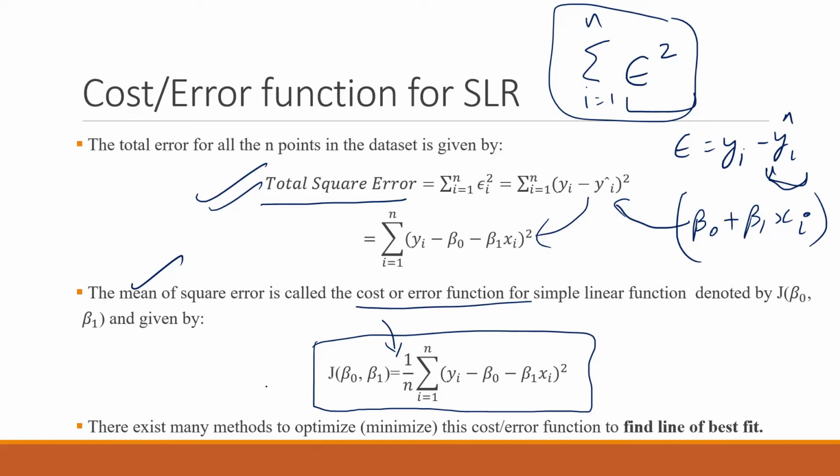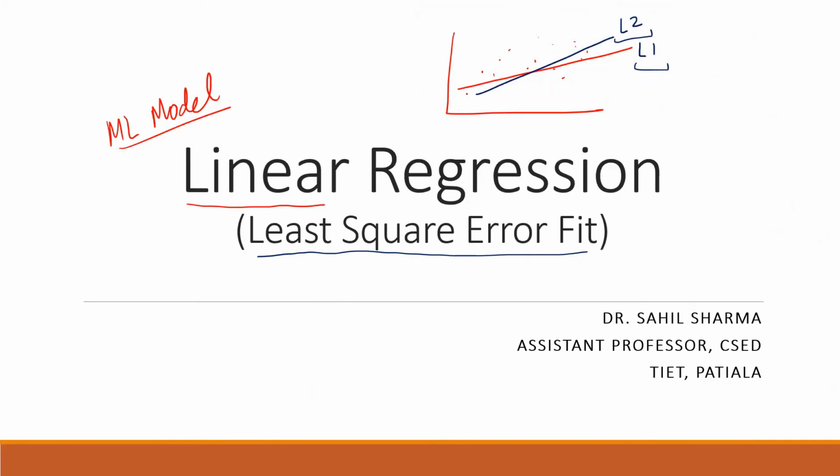Now there are many methods to optimize this function to find the line of best fit. Because we know this is the kind of error that we will be finding for the straight line that we are trying to fit. Because we have to find the best fit line, this was my first question on this slide: is L1 good or L2 good?